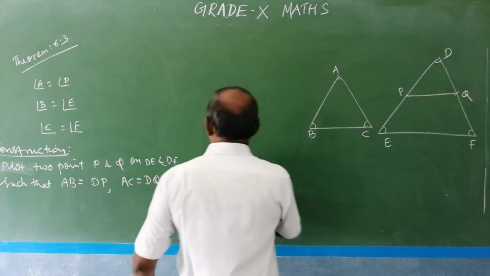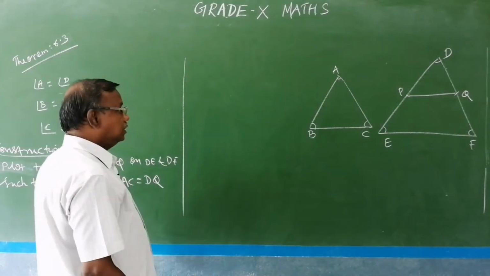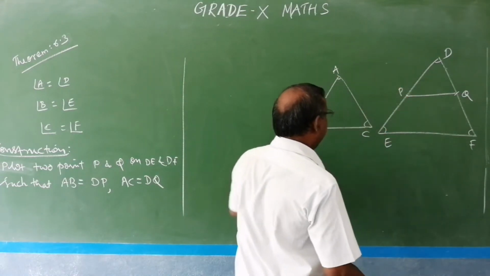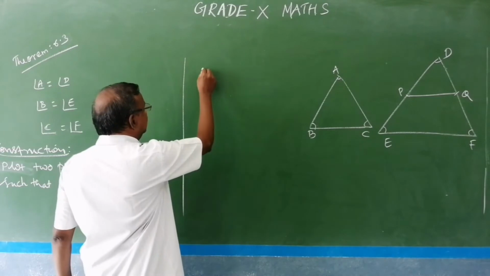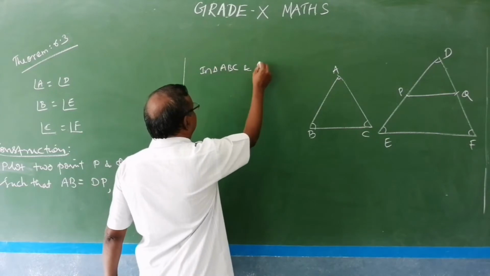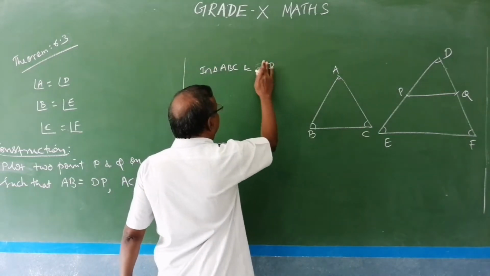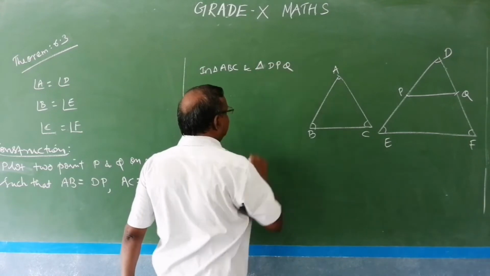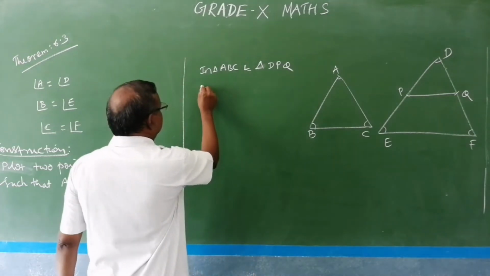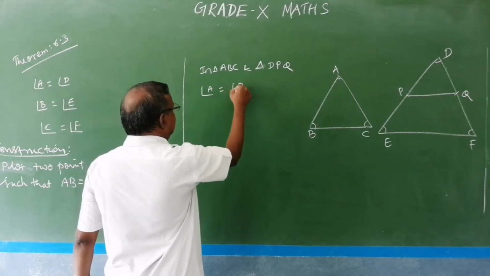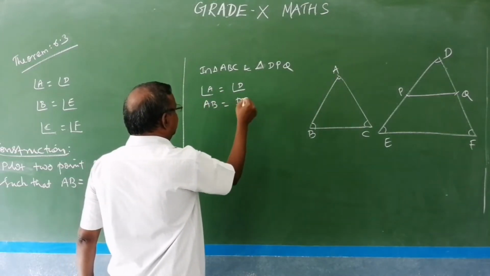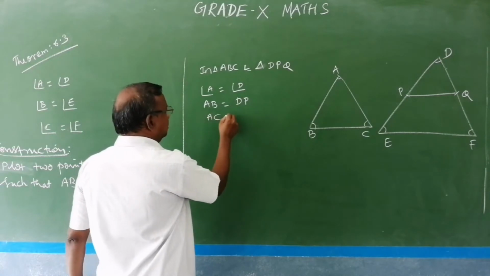Now consider the triangles ABC and DPQ. In triangles ABC and DPQ, angle A equal to angle D, AB equal to DP and AC equal to DQ.